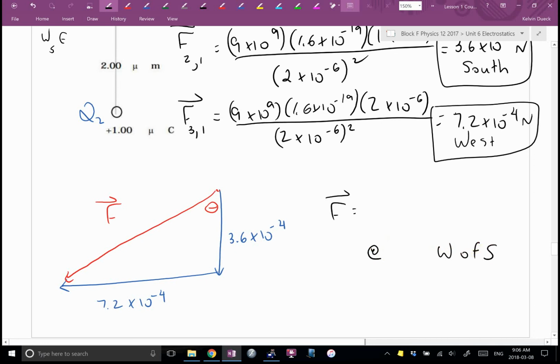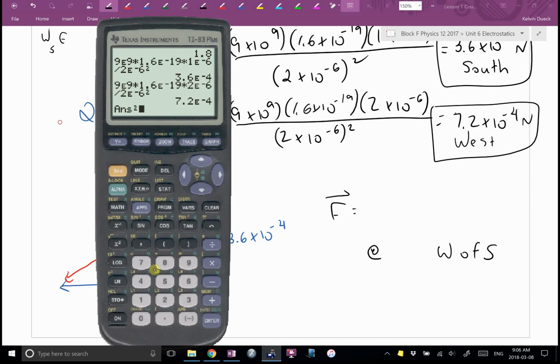I think, are you folks okay doing the Pythagoras showing no work? That number squared plus 3.6 times 10 to the negative 4 squared, square root. Oh, sorry. I did that totally wrong. 7.2 times 10 to the negative 4 squared, plus 3.6 times 10 to the negative 4 squared, equals that number squared, square root.